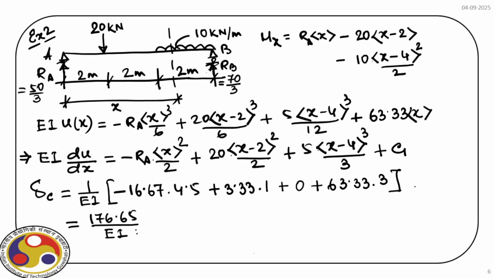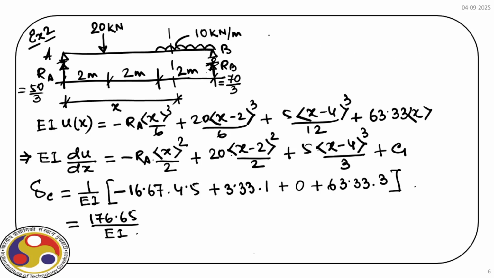Okay. Now let us find out the slope at the two ends. So we have delta C is equal to 176.65 divided by EI.